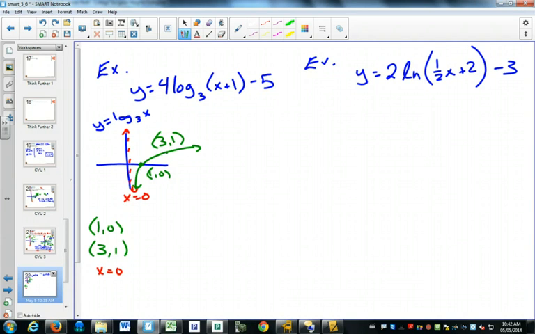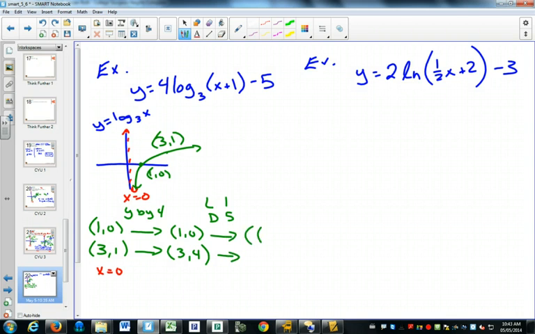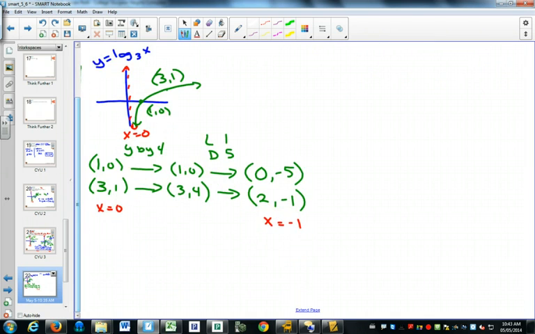For stretches and compressions, the only one you have is y by 4. For shifts, translations, you are going to go left 1 and down 5. And because we are going to the left one, our asymptote will go to the left one as well.